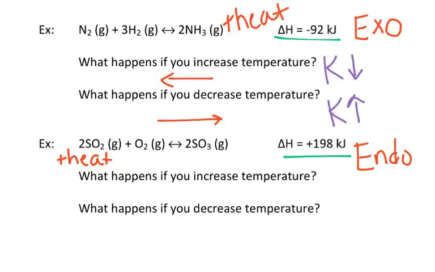So if we increase temperature, we're adding a reactant, so we're going to shift away from that addition toward the products. Boom. And if we decrease temperature, we're removing heat, so we're removing a reactant, so we're going to shift towards that side. And again, when we shift to the right, K is increasing. When we shift to the left, K is decreasing. Only if the shifting is due to a temperature change.